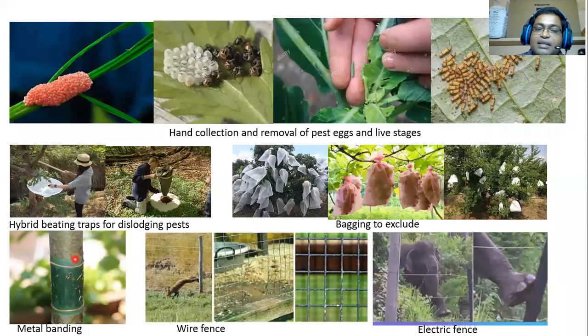Ants are spreading, right? And also you can put some wire fences, exclusion of rabbits, monkeys, kangaroos. We were using kangaroo exclusion nets when we were in Australia. And elephant fences, electric fences. But these vertebrate species are very clever.